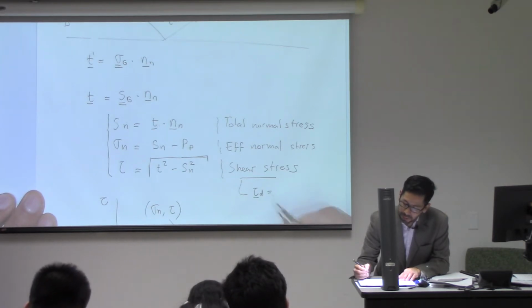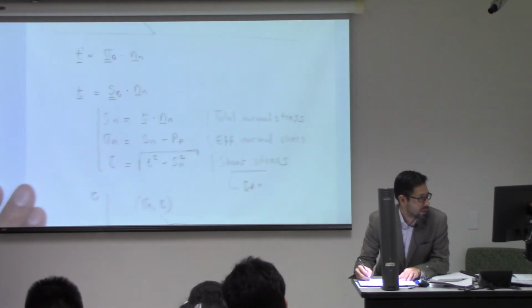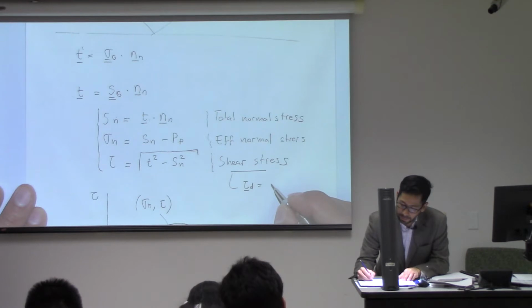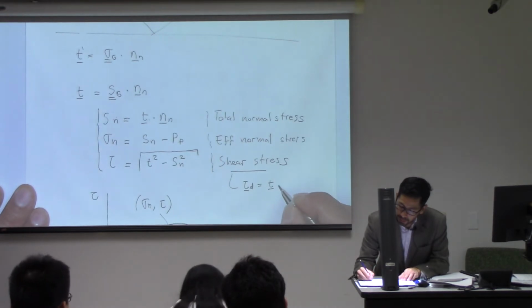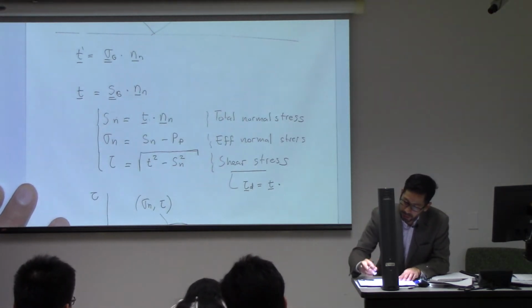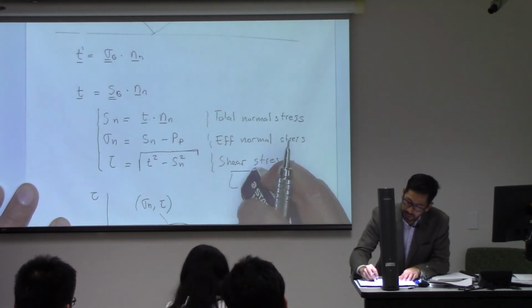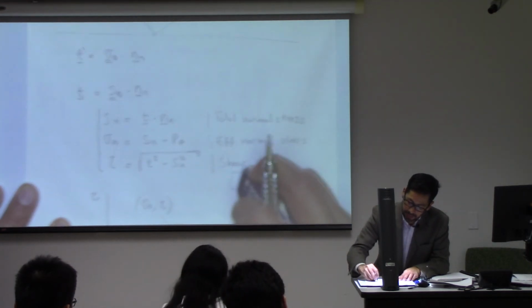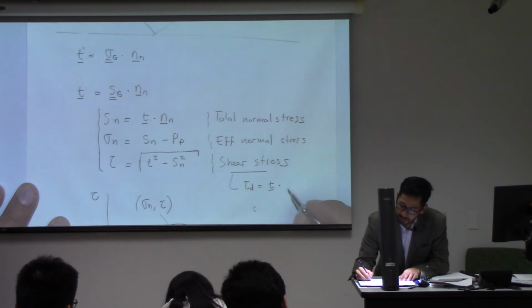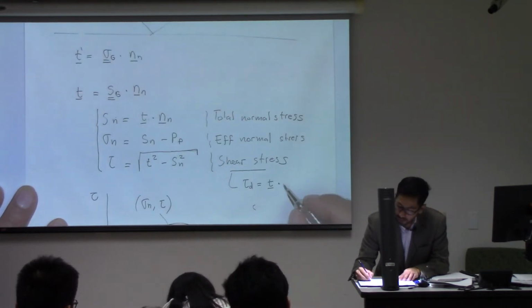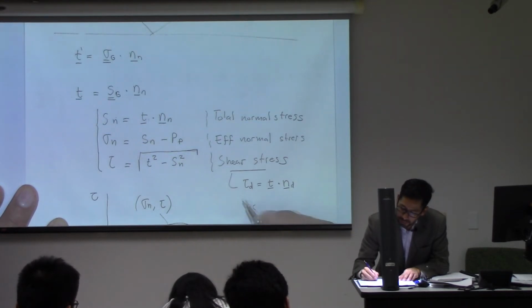Tau d is going to be just the vector n times t. So it's going to be t dot product. This is not going to be a vector actually. It's just a value. Times which vector do you think over here? N d, right?